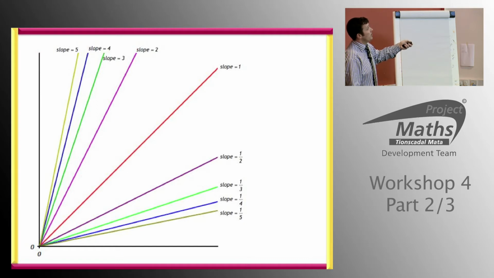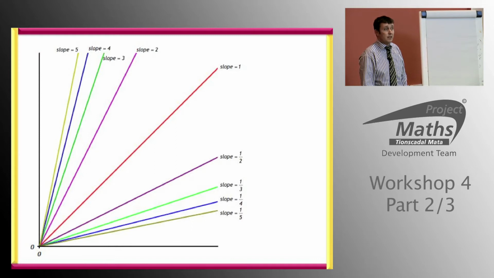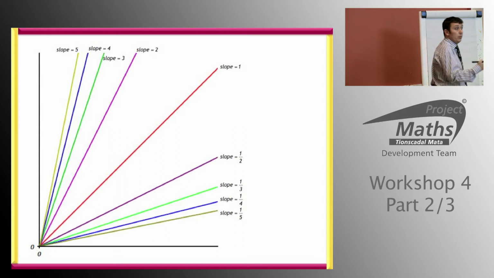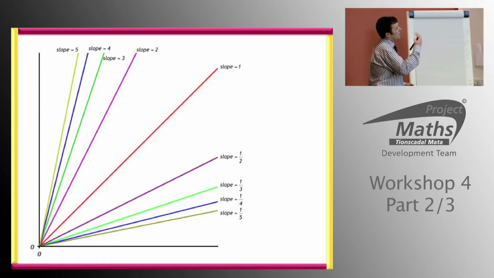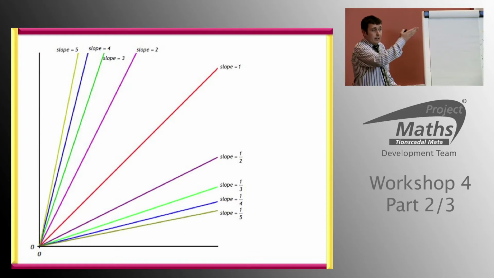And something as well which is very unusual for students at this age: where do you reckon they expect the slope of 2 to be? Halfway between 1 and 3. Does that make sense? So it's a nice idea to just get the concept and see it once, and say, well, no, we'll be coming across that when we get to our trigonometry. Okay, but it's a nice idea for them to see that, look at that, it doesn't spread itself out nicely in the way that we would expect it to.